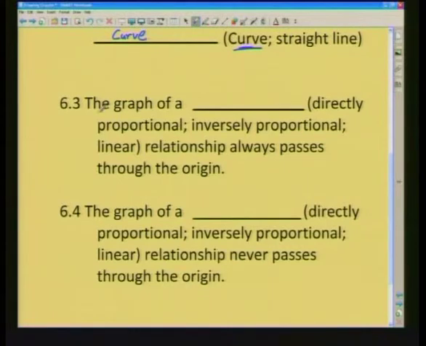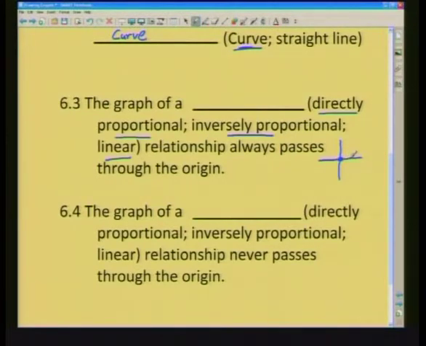And remember also with inversely proportional relationships, well, in fact, it's in the next question, so we won't talk about that now. The graph of a, and they give you the options here, directly proportional, inversely proportional, or linear relationship always passes through the origin. Now the origin, if I draw you a set of axes or a Cartesian plane, your origin is the point 0, 0, right in the center.